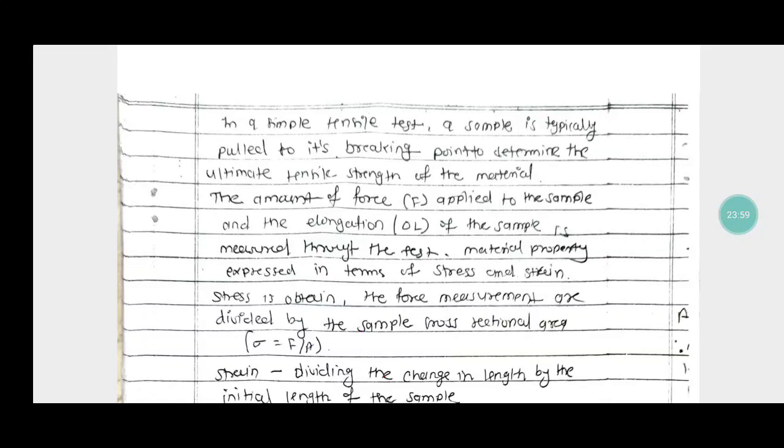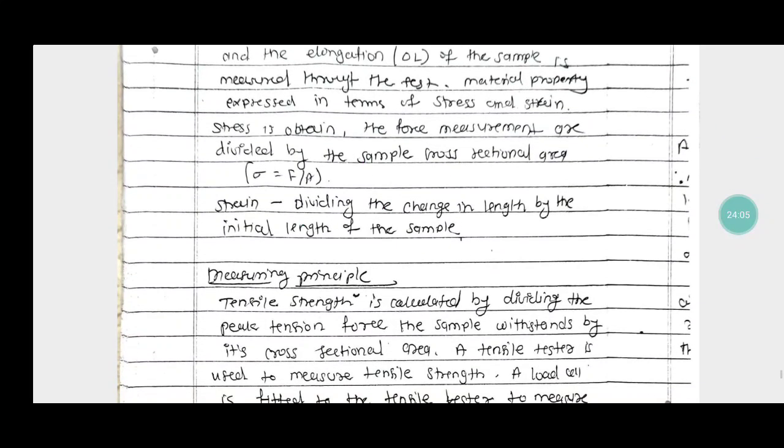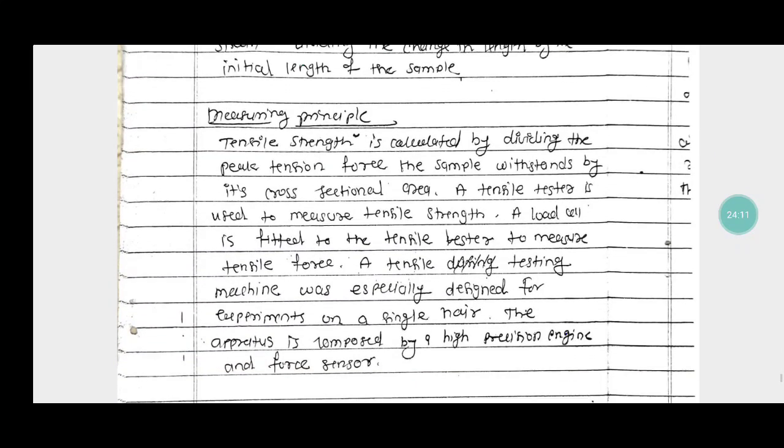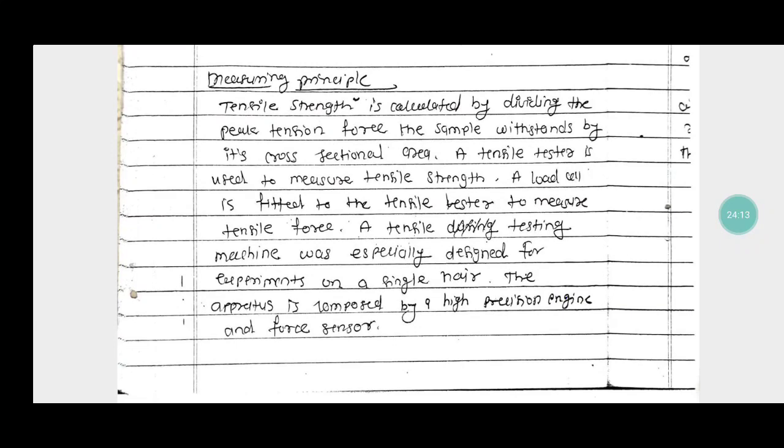The force measurement is divided by the sample cross sectional area, whereas the strain is obtained by dividing the change in length by the initial length of the sample. And the measuring principle for tensile strength is calculated by dividing the peak tension force the sample withstands by its cross sectional area.